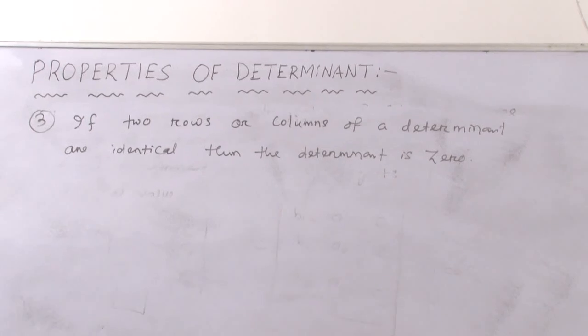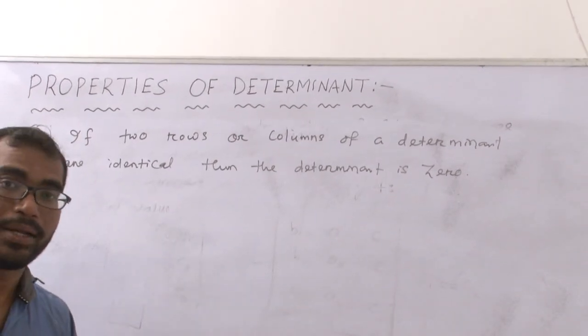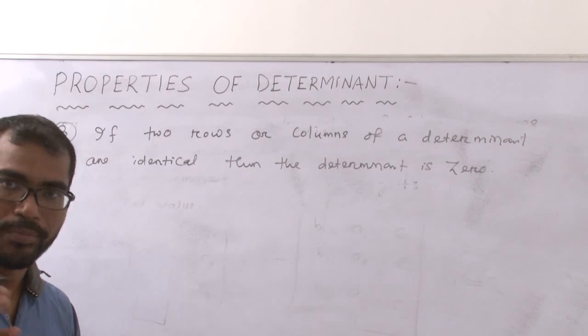According to property number 3, we can calculate a determinant without solving it.